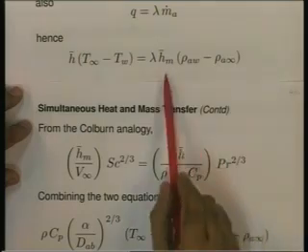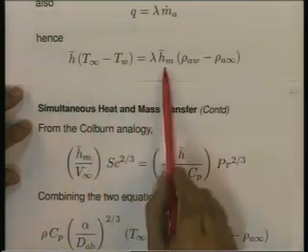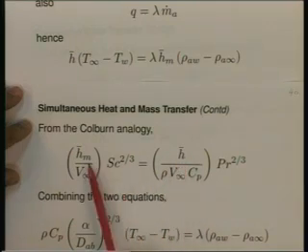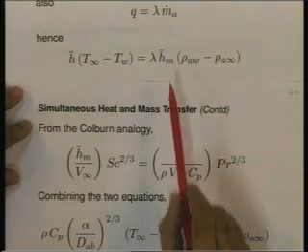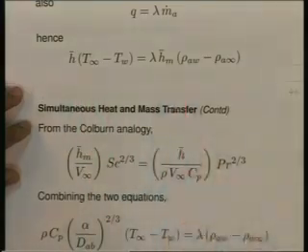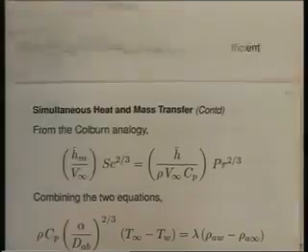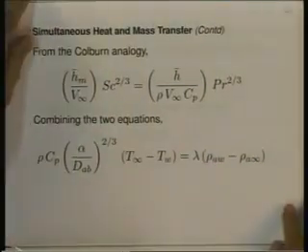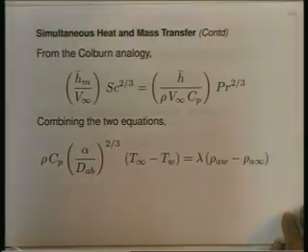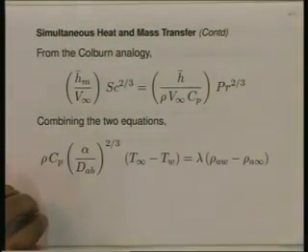Now, in this equation we have an H bar and an H bar m. In this equation also we have an H bar and an H bar m. So, eliminating H bar and H bar m by combining these two equations, we will get an equation which relates the remaining parameters as follows.